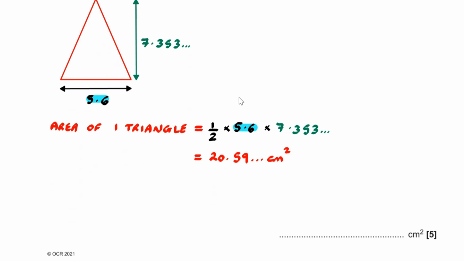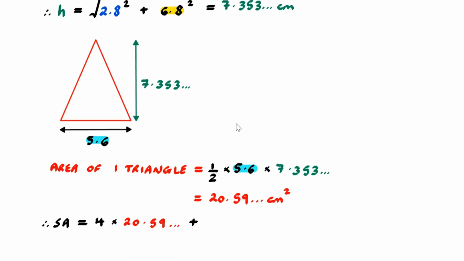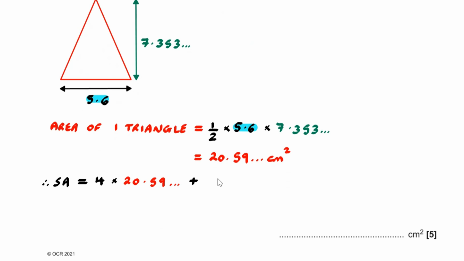Now to find out the total surface area, we've got 4 of those triangles, so I've got 4 times by 20.59, etc. But then what we've also got is the area of the square, which is 5.6 squared.